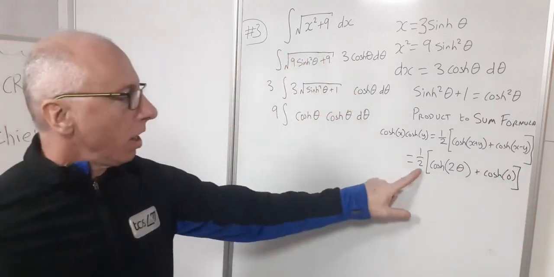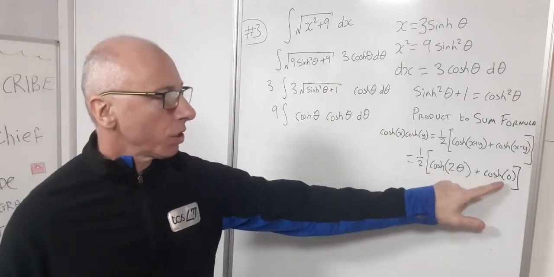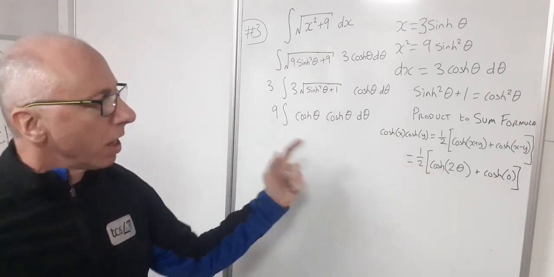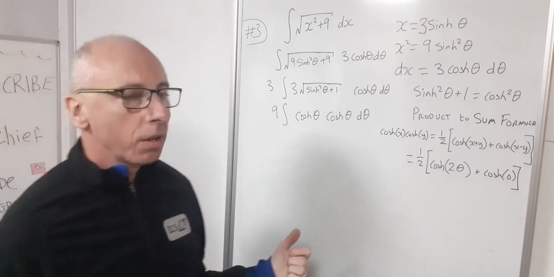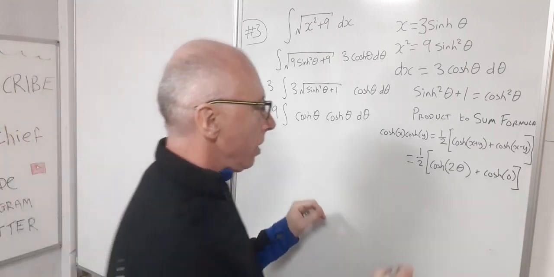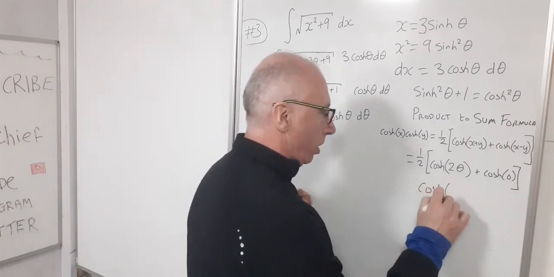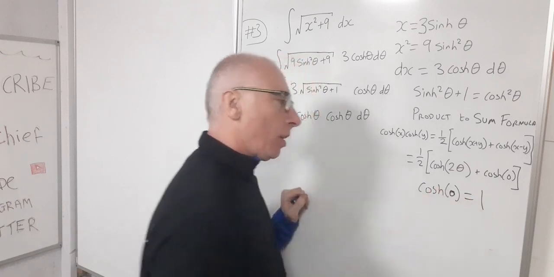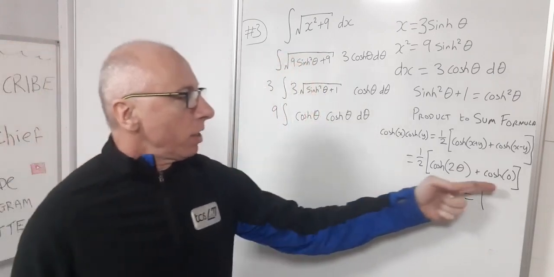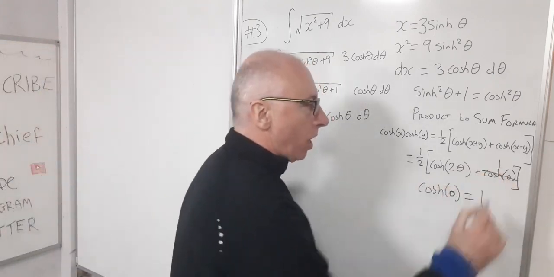Okay, so I've got half times cosh 2 theta plus cosh 0. So cosh of 0, well, that's a value already, so there's no actual theta involved in that. So cosh of 0 equals 1. So therefore we can just write 1.